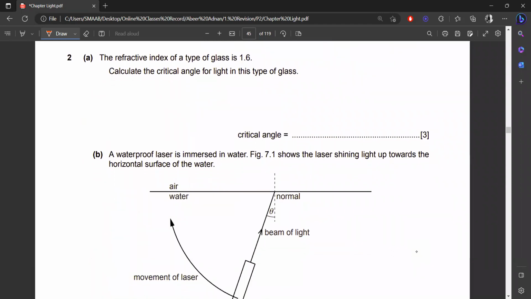Okay, so the refractive index of a type of glass is 1.6. Calculate the critical angle for light in this type of glass.